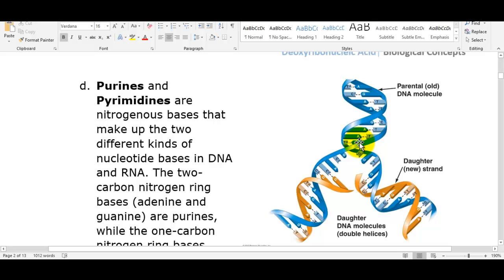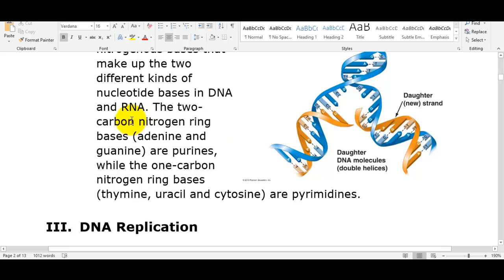There are categories, and it depends on their actual biological or biochemical makeup. Purines and pyrimidines is what you hear about these. The 2-carbon bases, adenine and guanine, are purines. It's just a category. And then the 1-carbon nitrogenous ring bases, thymine, uracil, and cytosine, are pyrimidines.